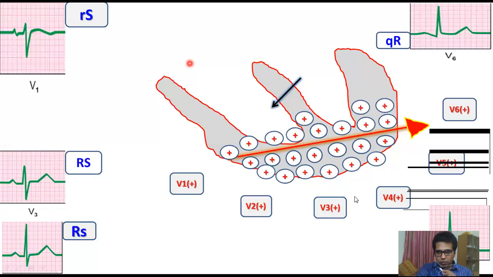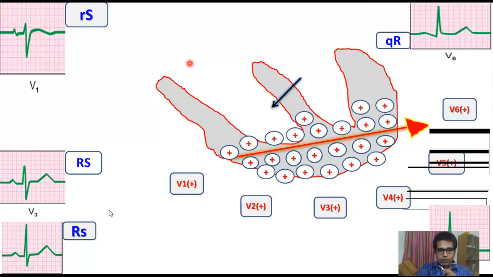Okay, because this position is the midway position. Initially the vector is coming toward them, but in the later half of this pathway, the vector is moving away. So there will be an equal degree of positive and negative deflection produced in the V3 lead. So this is also called the transitional lead.